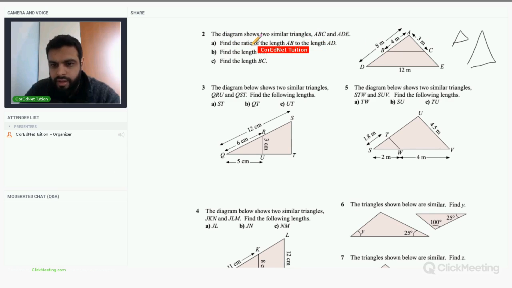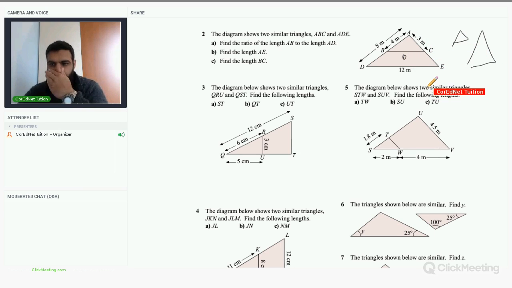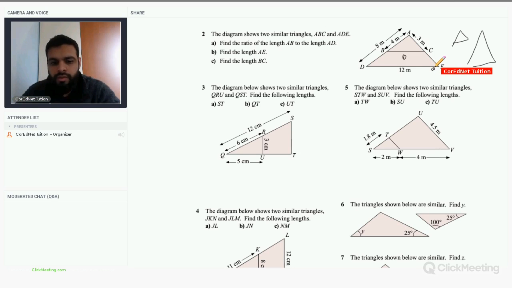Then it says find the length AE. Where is AE? AE is this whole length here. So you can see what that's going to be. Yeah, it's going to be double 6. What else does it ask us? Find the length BC. So BC is going to be 6 there. Pretty straightforward. 3, 3, 6. Okay, yeah, that makes sense. So we divide it by 2, because there is a scale factor of 2.